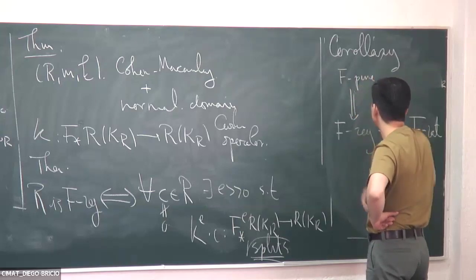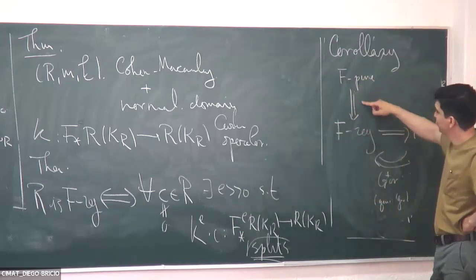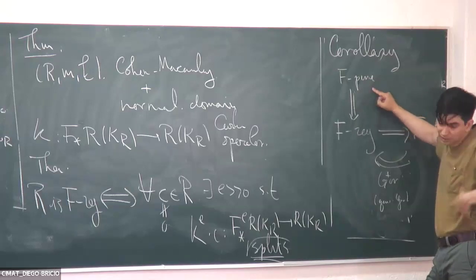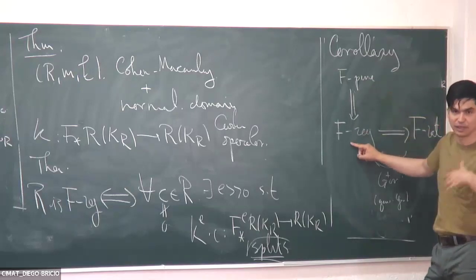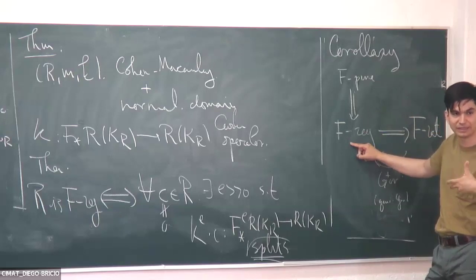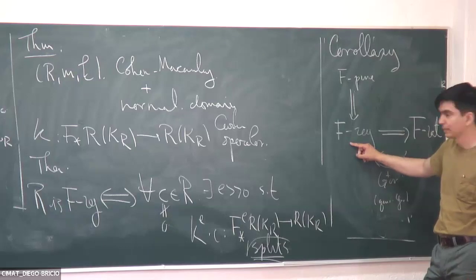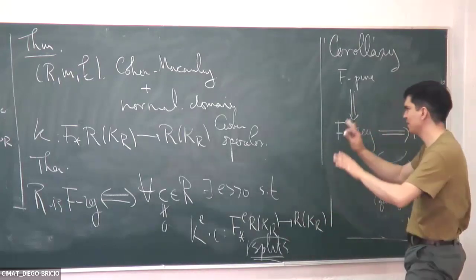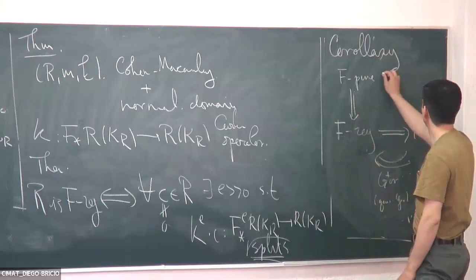This implies F-regular. Technically speaking, for me to say this, I need to assume finiteness, because purity doesn't imply finiteness, and F-regularity, as far as we have discussed in this course, only makes sense in the finite case. So technically speaking, I should say that, but for now that has been a hypothesis everywhere.